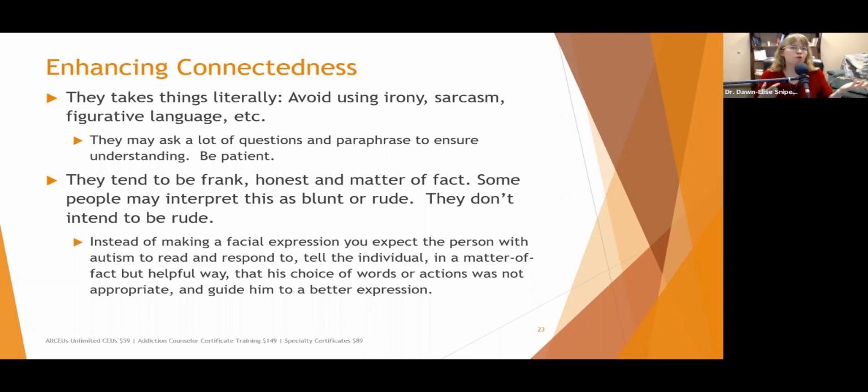And if you've ever watched Elementary, Sherlock's girlfriend had Asperger's disorder, and there's some debate whether Sherlock does, and they often have these types of discussions that are very frank and matter-of-fact.